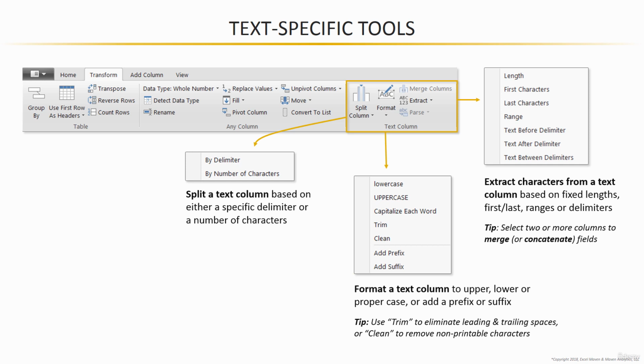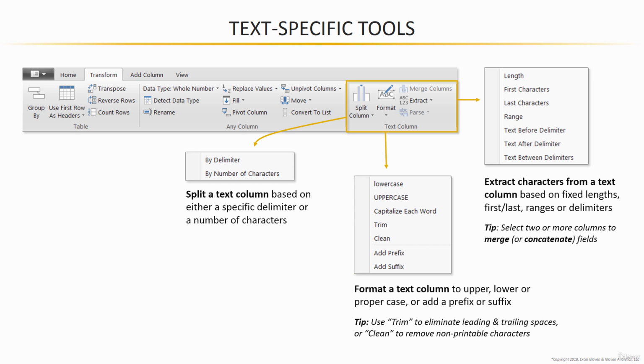So you may have noticed that some of the tools here are grayed out and inactive, like merge columns or parse. And that brings up a really important point, which is that this toolbar is completely dynamic based on what you've selected. If you've only selected a single column, the merge columns option is irrelevant, so you can't even click it. You'd have to select multiple columns in order to activate that option.